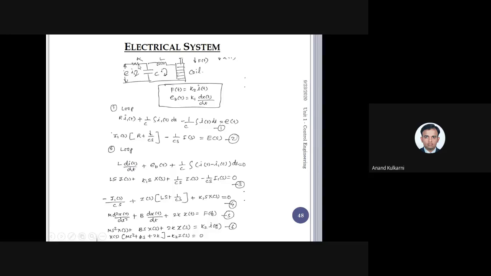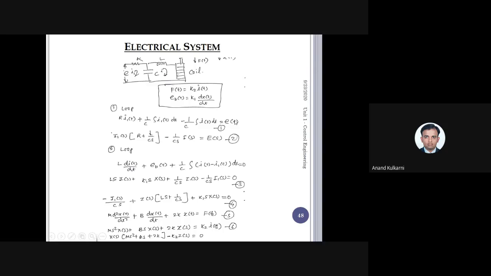So as we are discussing the first loop, it is I1 minus I. Instead of writing I1 minus I of dt integration together, I have written it separately. Then this is equal to the supply voltage E, because there are only two sources of voltage drop in this particular loop. One is resistance, one is capacitance.